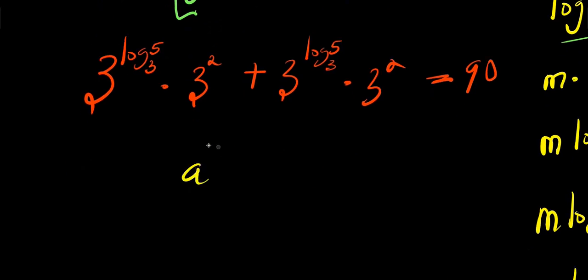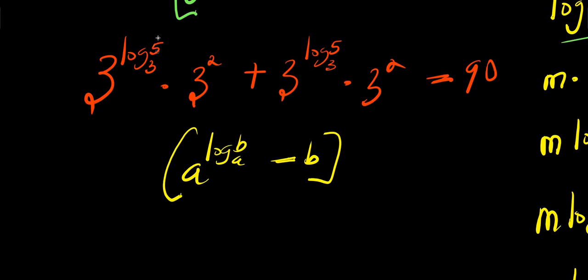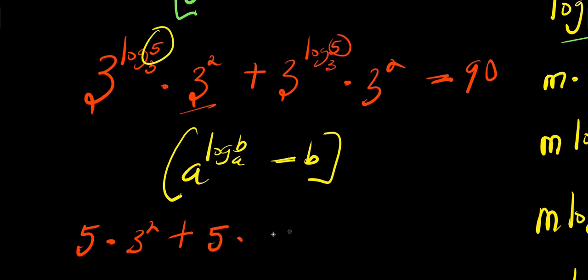Remember, a power log b to the base of a equals b. So here we have 5 times 3 power 2, plus, here we have 5 again, times this 3 power 2.